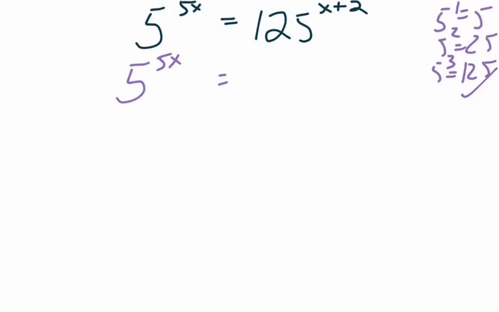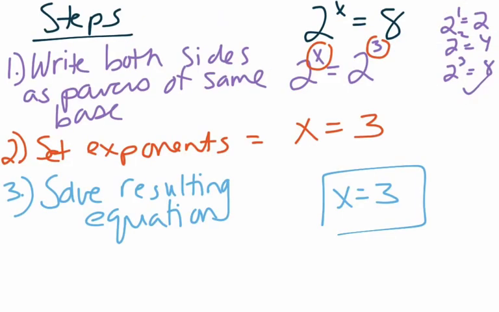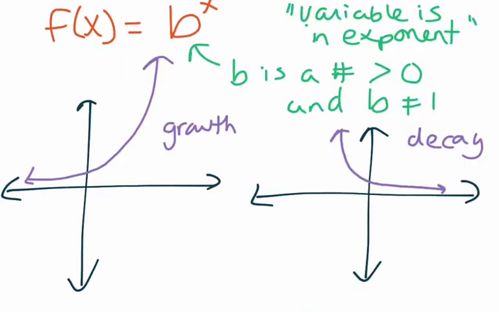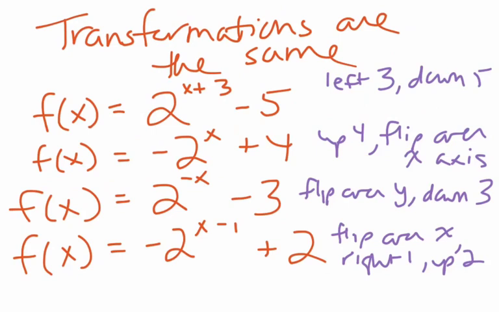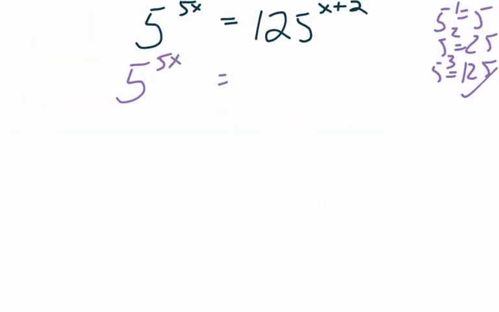You won't have to go that long to find it because the numbers get really big really fast. It goes back to that graph here. Once they start getting big, they're going to get really big really fast. And so you're not going to generally have to do exponents of like 7, 8, 9, 10. The numbers are too big. So I'm going to take my 125 and replace that with 5 to the third.